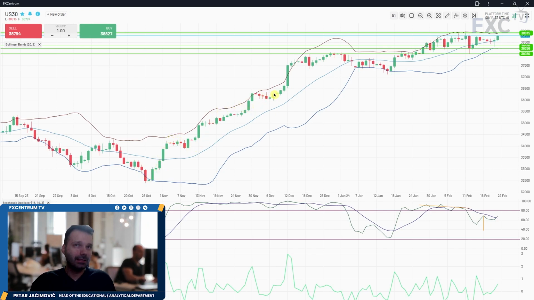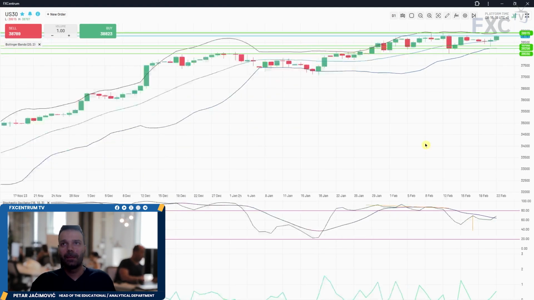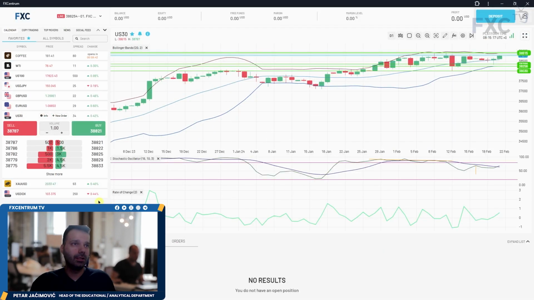You see how the market failed to hold below the lower Bollinger Band, and then turned to the upside with some natural pullbacks and held pretty well on the way up together with the 20, or middle Bollinger Band, on the 20-bar moving average. So again, demand in control on the US 30.